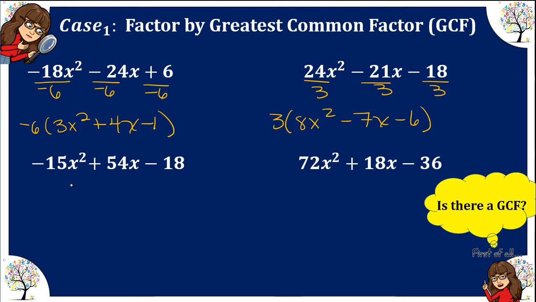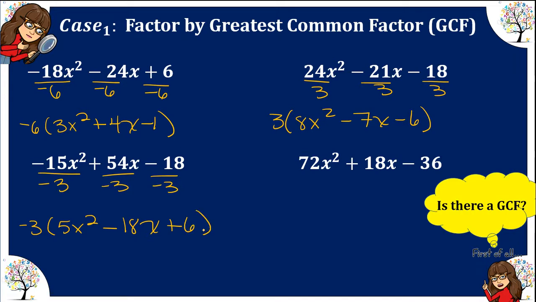Our third problem has a negative leading coefficient, so we're going to factor out a negative 3. When we factor out negative 3, we're left with 5x squared minus 18x plus 6. I know that I'm completely finished because 5x squared minus 18x plus 6 has no other common factors.